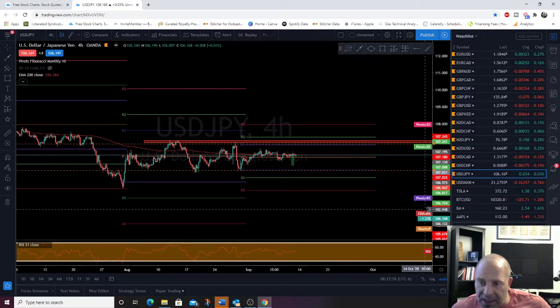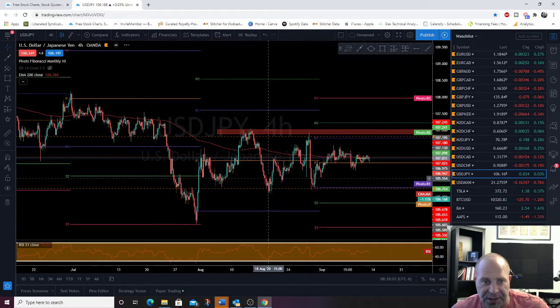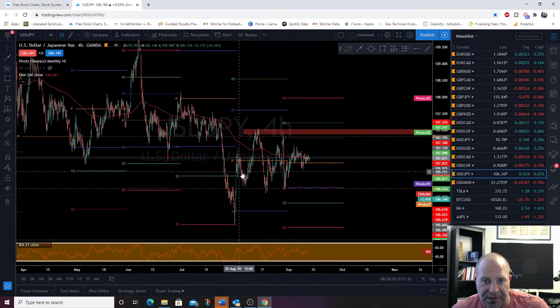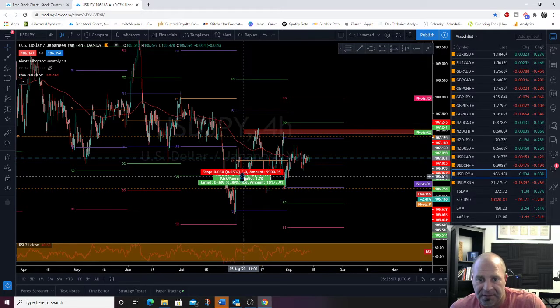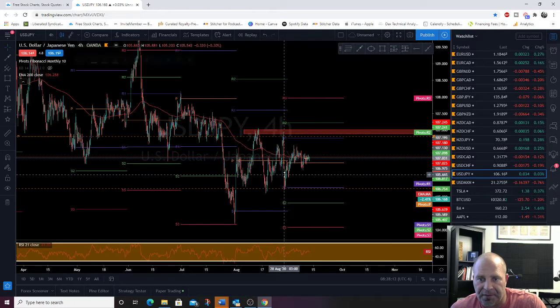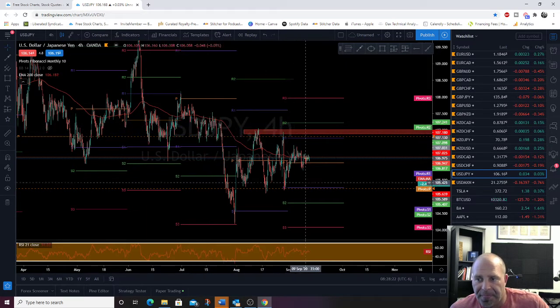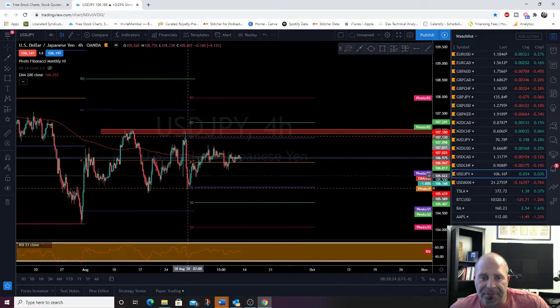USDJPY, I got a lot of trades on this. I've been using a lot of back testing on this. But we're sitting right on this monthly pivot, guys.